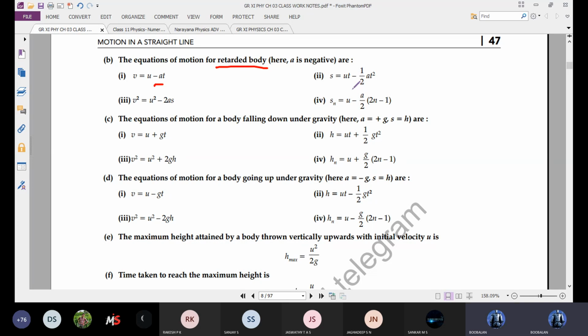The minus denotes decreasing. This one, due to gravity, the g value is plus. Against gravity, throwing vertically up, the g value is minus.